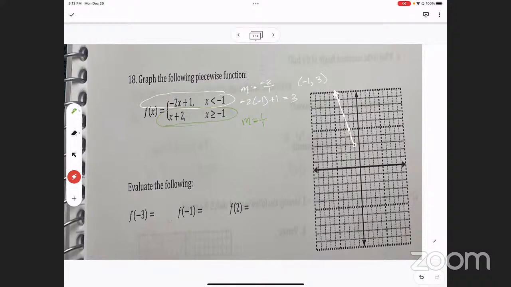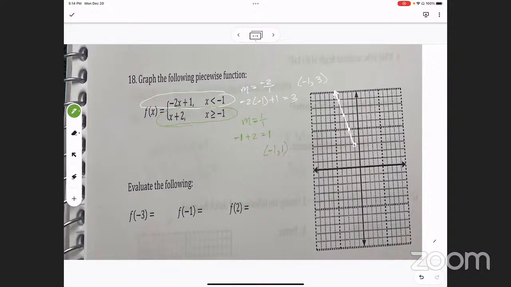You should start it at that x value. Right, so plug it in. -1 plus 2 is what? 1. So the point is going to be -1 comma 1.